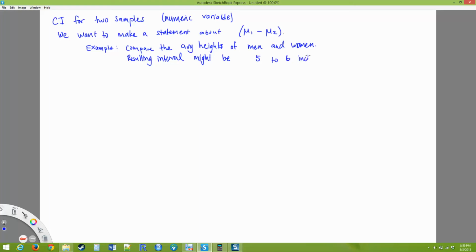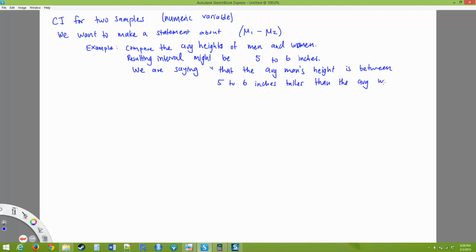Okay, we are saying that the average man's height is between 5 to 6 inches taller than the average woman's height.